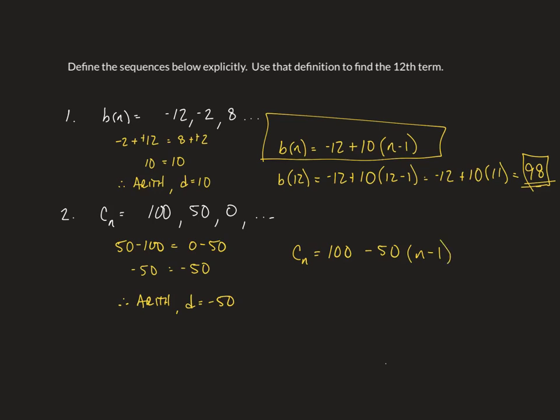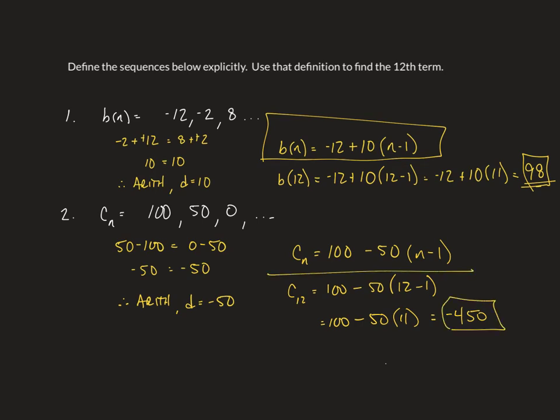And now I'm asked to find the 12th term, so c sub 12 equals 100 minus 50 times 12 minus 1. 100 minus 50 times 11, negative 450. So that would be the 12th term, and the explicit definition is right there.